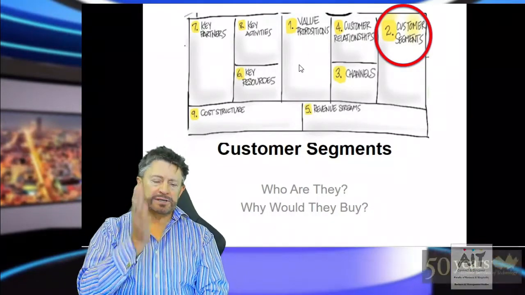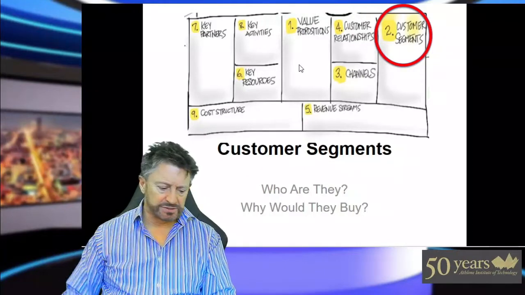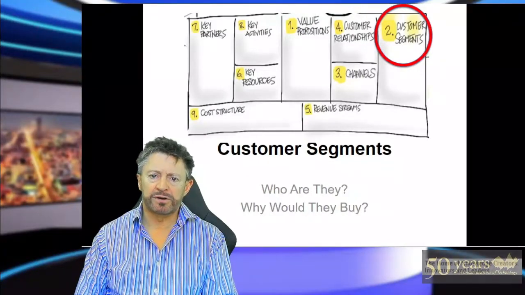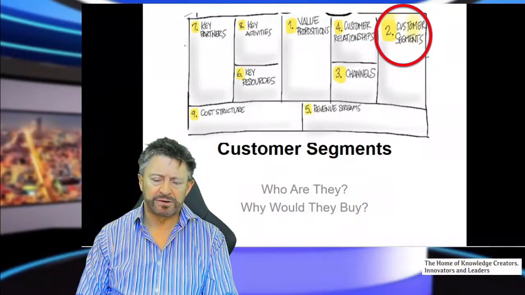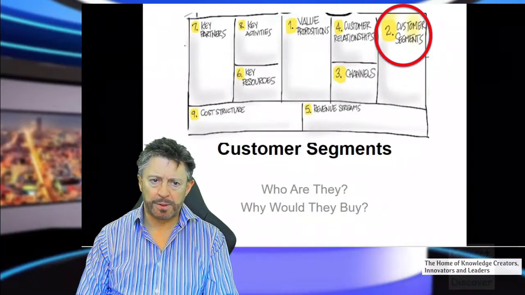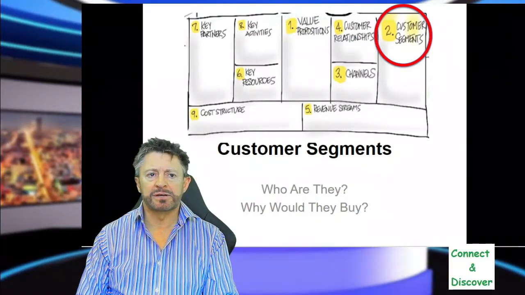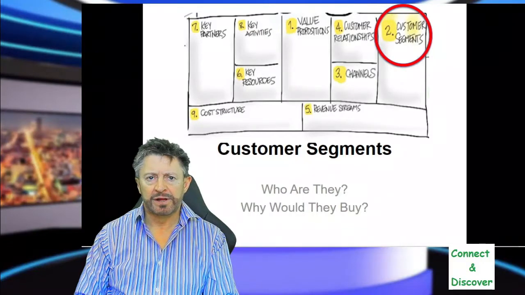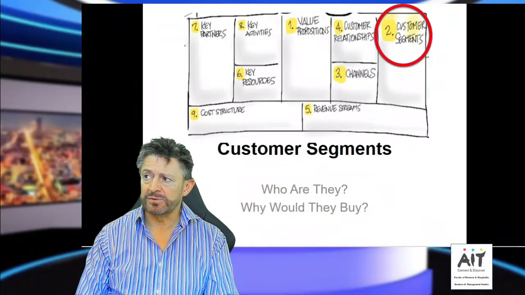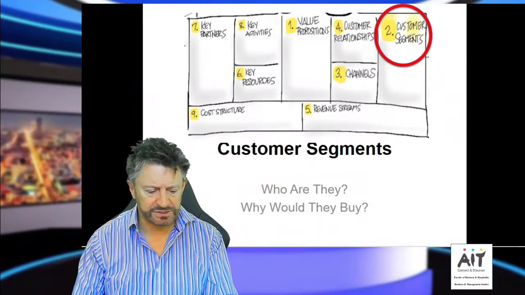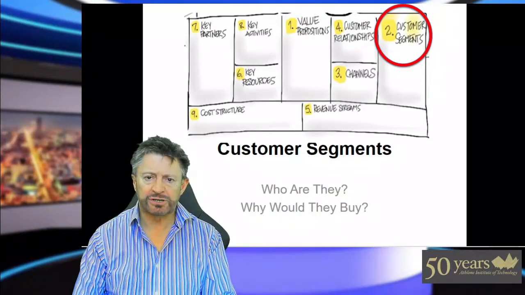Now, in the early days, before people started using this business model canvas, we used to hire very heavy hitter marketing and sales people. In one company alone, we had a guy for our MMS systems, as we call them, our short messaging and charging systems.